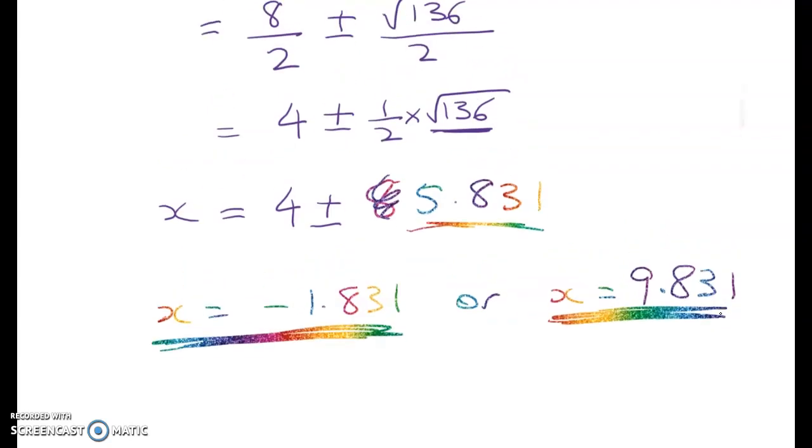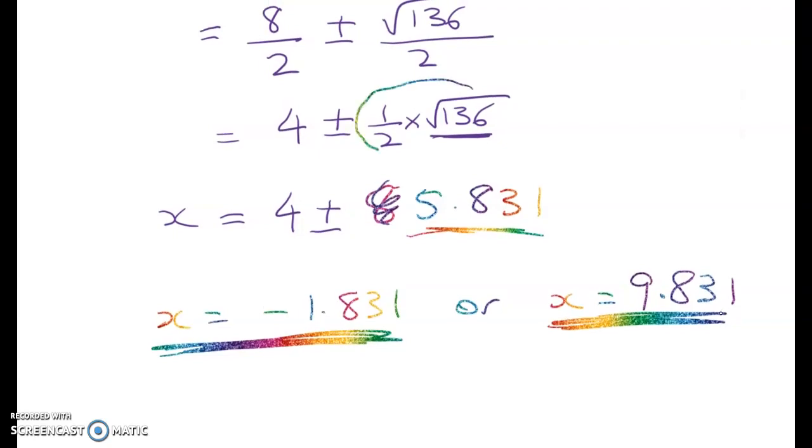You're getting 2 solutions because of this plus or minus. I'm talking about that now because we're going to spend time looking at when we get 2 real solutions to a quadratic, or when we get one, or when we get no real solutions.